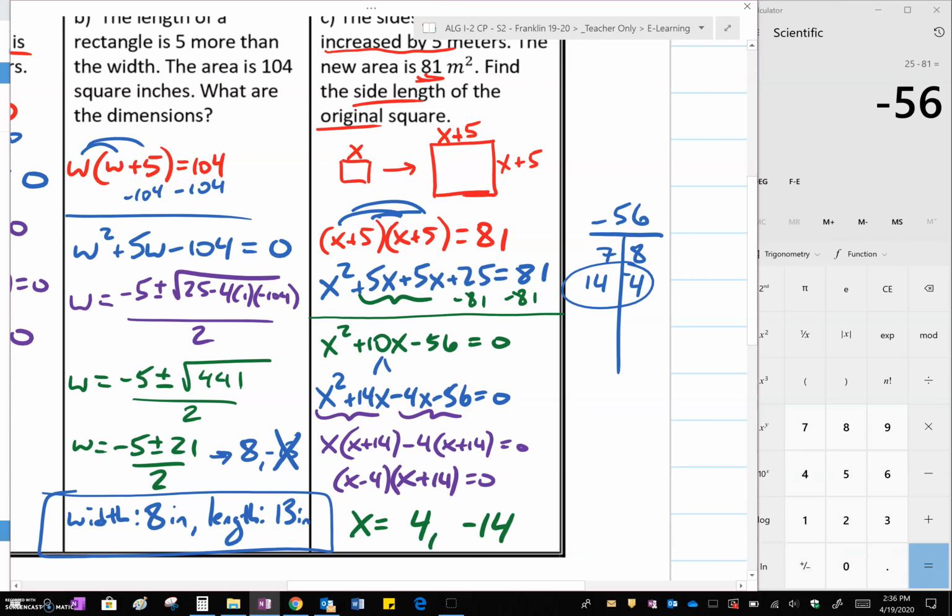Well, we want the side length of the original square, and the negative 14 just isn't going to work out. We can't have a negative length. So the side length, the original square, 4 meters. So there's our solution, 4 meters.